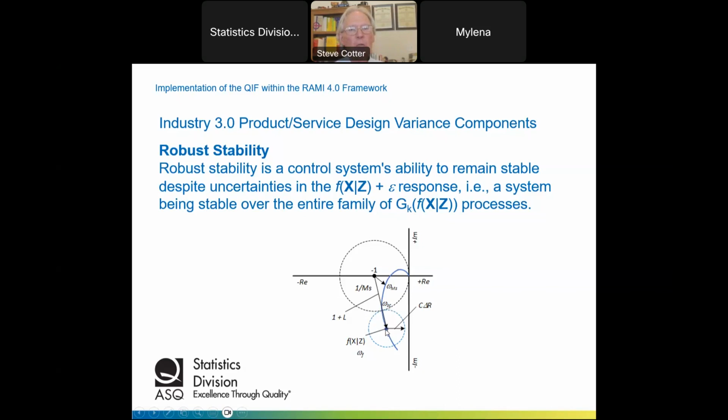We definitely do not want to set, coming down the Nyquist curve here, the f of x z point inside the non-robustness area. So we have to have an error allowance for the f of x set point such that the C delta R critical region does not overlap the non-robust critical region.